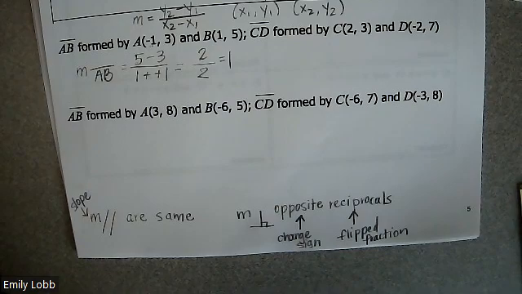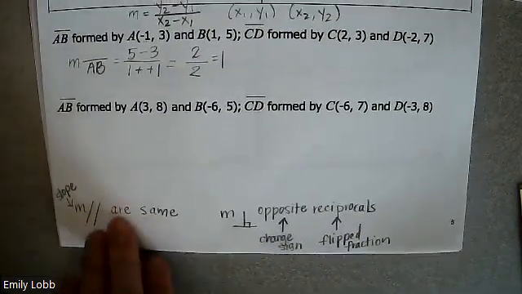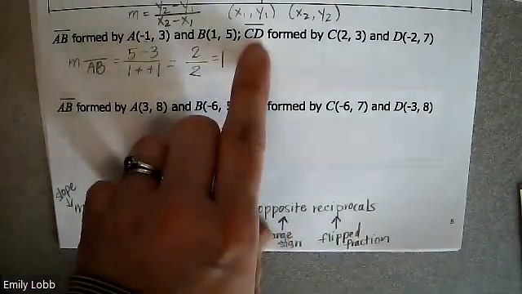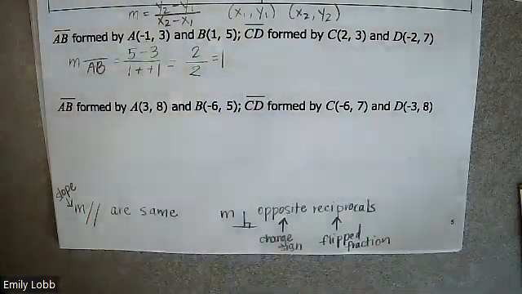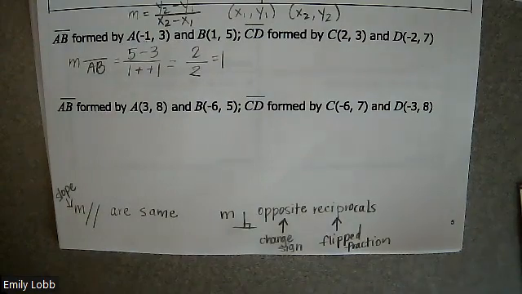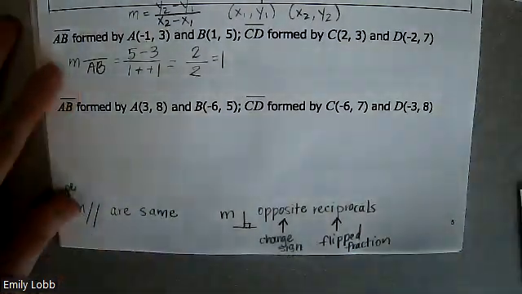Parallel, right? If they're the same, they're parallel. If you don't have these notes down again, get them down. If our slope of CD is what to make it perpendicular? -1. Excellent. So we're already anticipating, using those critical thinking skills.